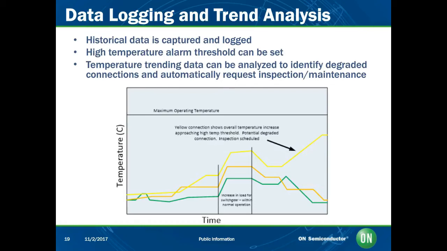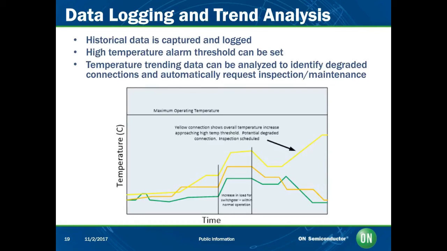This is just an example, a theoretical plot showing temperature over time. This would be, say, of 3 phases of power in some switchgear. You can see, starting at the left over time, it seems like all 3 phases are running at some nominal temperature level. At some point, all three phases of power have an increase in temperature.